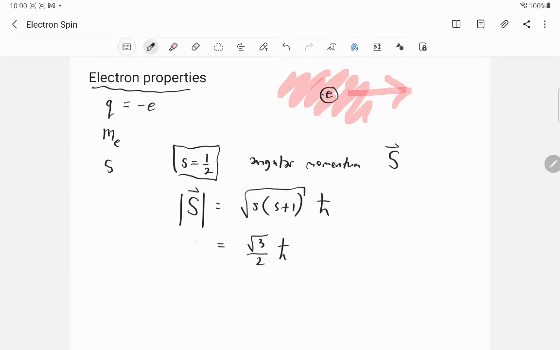So this capital S value is root 3/2 h bar, and that's another property of electrons. The mass of the electron is like 10 to the minus 31 kilograms, and the spin angular momentum of the electron is root 3/2 h bar, and no other value ever.